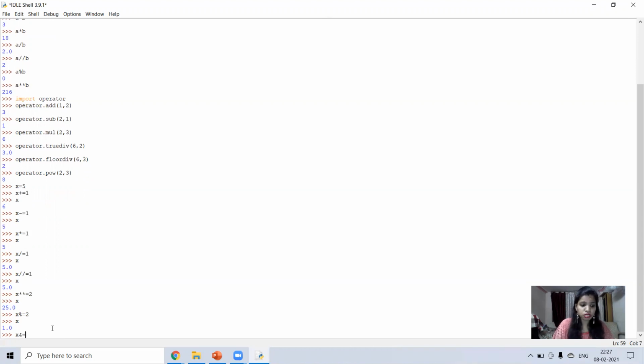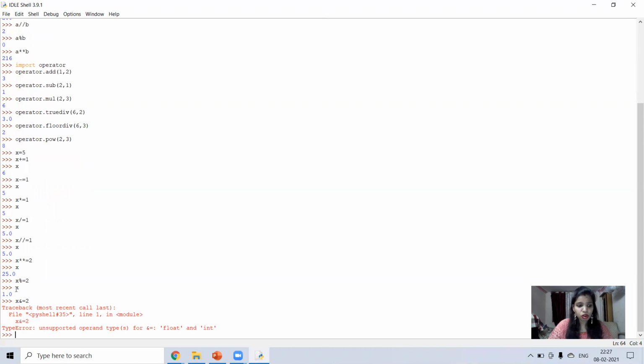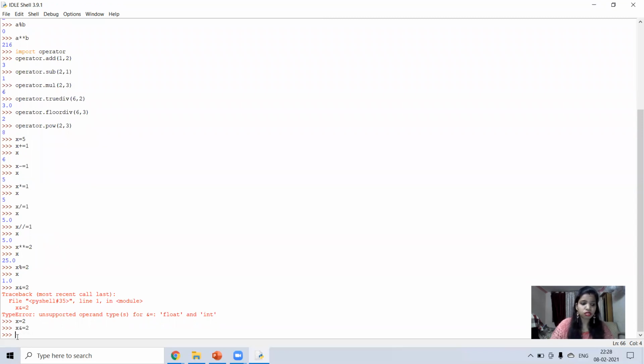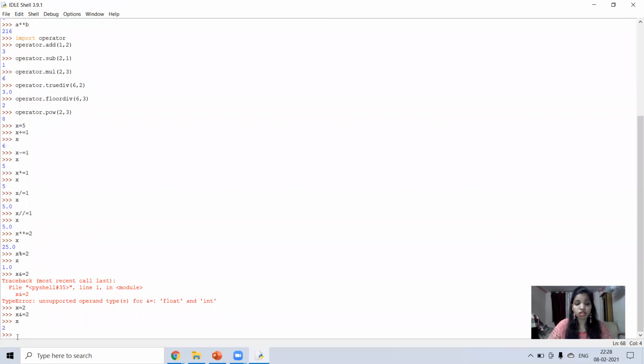Now x and equals to 2. It will show the error, because the latest value is 1.0 and we are doing the ANDing operation. It is for binary, so take a whole-number decimal, suppose x equals to 2. Now x and equals to 2. It's your duty to check: convert 2 and 2 into binary and perform the AND operation.